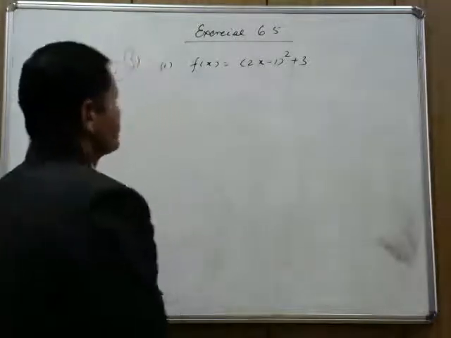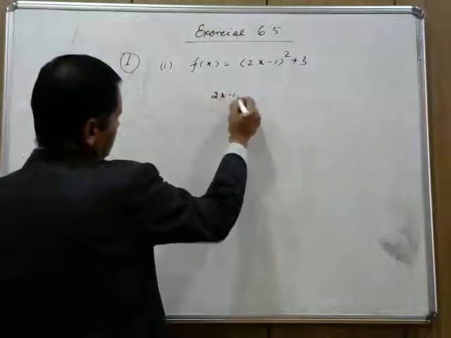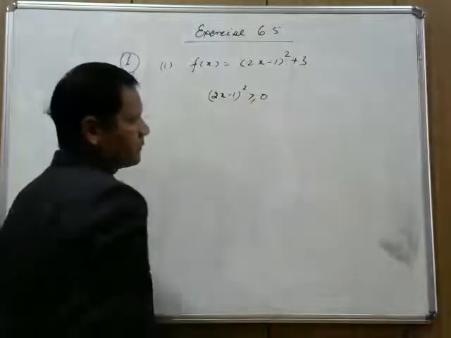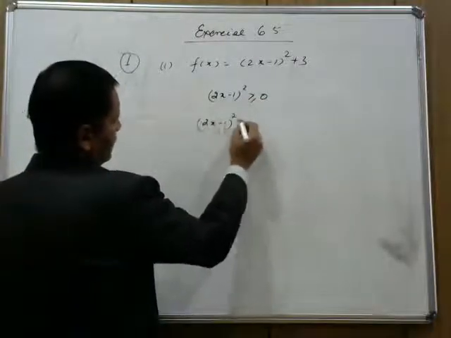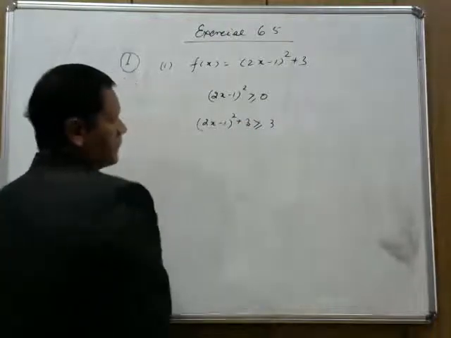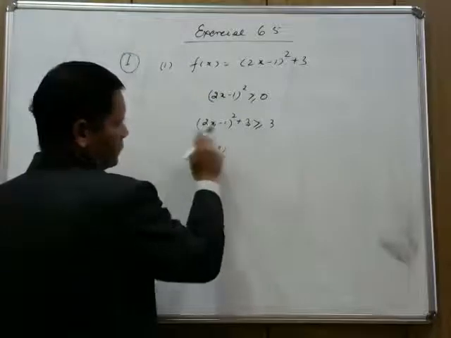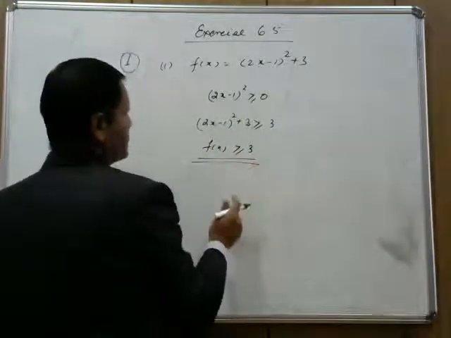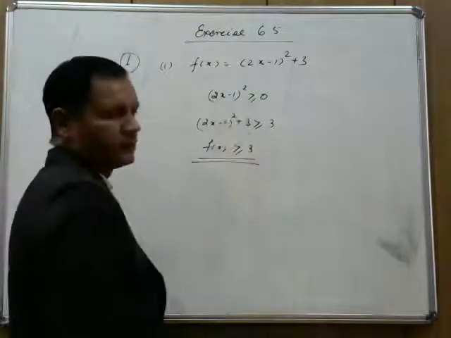See, I can say that (2x minus 1) whole square is greater than or equal to 0 always. That's why (2x minus 1) whole square plus 3 is greater than or equal to 3. It means f of x is greater than or equal to 3. That means this function's minimum value is 3.